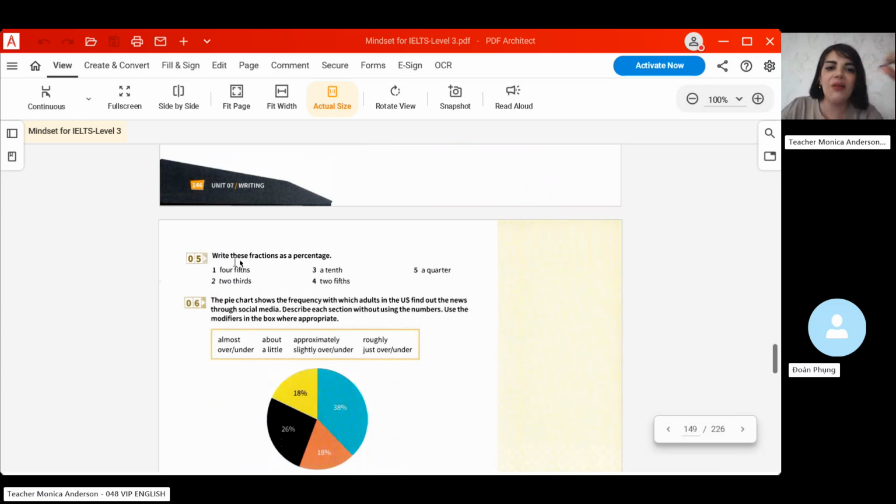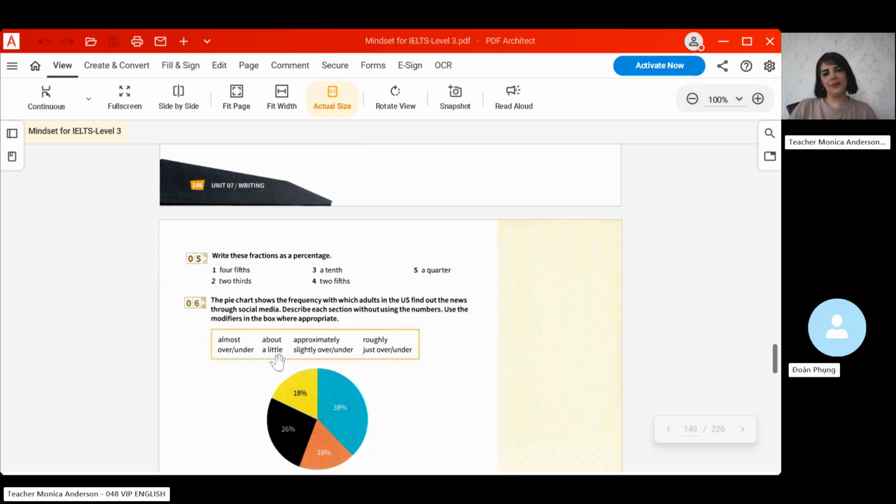Now we're going to write, first of all, these fractions as a percentage. So 4/5 is 80%. Very good. Definitely right. And the next one, 2/3.